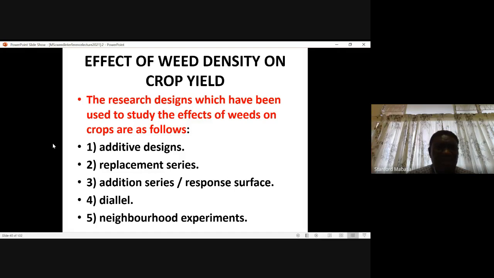First, we have got what are known as the additive designs. These are very common in weed research. We have got replacement series designs, which are also important in weed research.